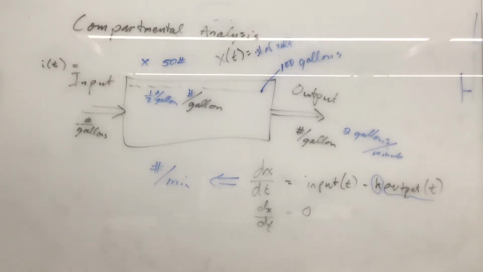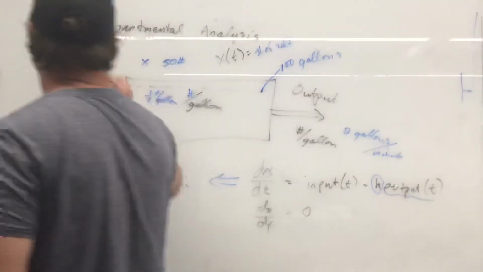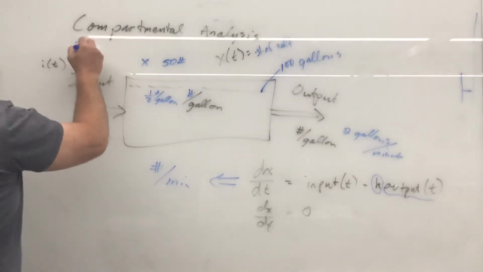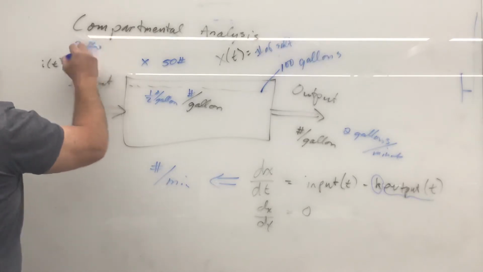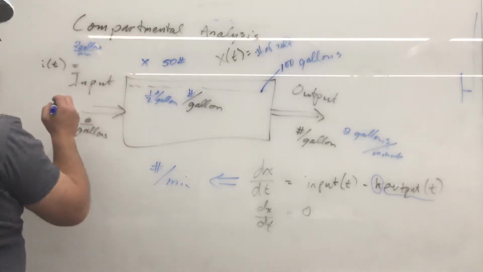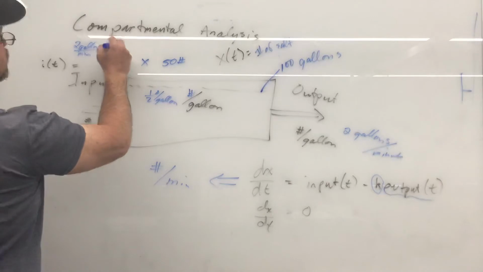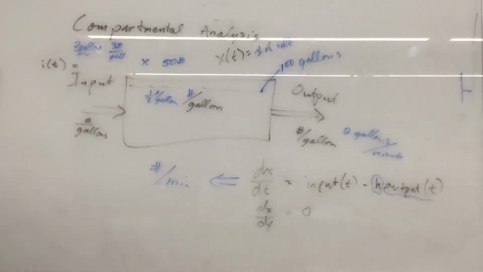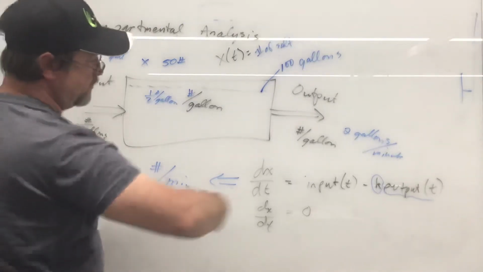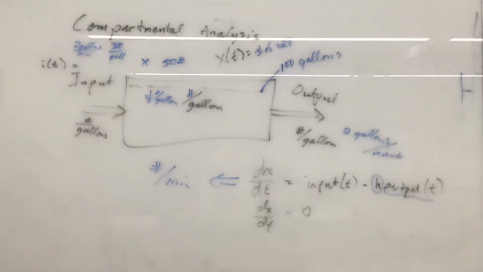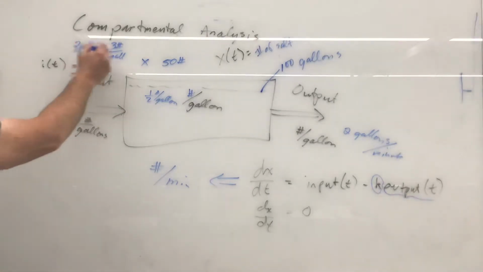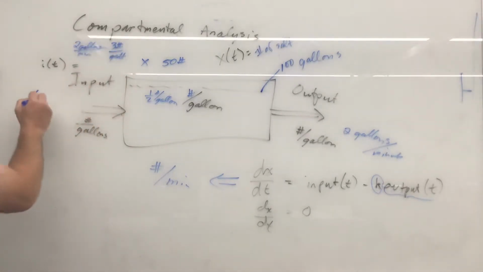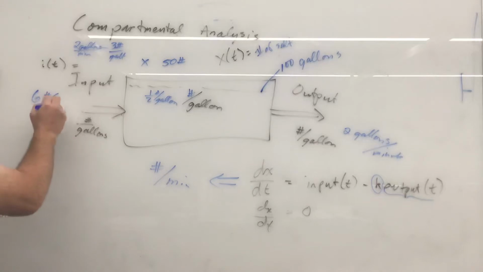And what's running in is 2 gallons per minute, and each gallon has 3 pounds of salt. Now if we look at that, and again we want to get it in the right units so that we can set up a differential equation, we multiply those together unit-wise, and that becomes 6 pounds per minute. That's how much salt's running in.